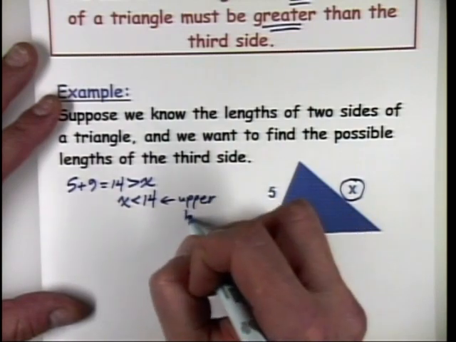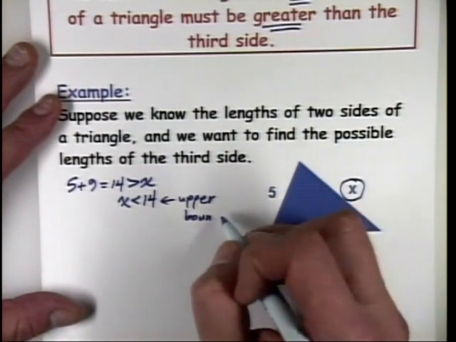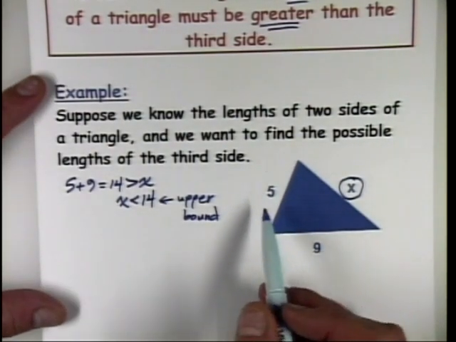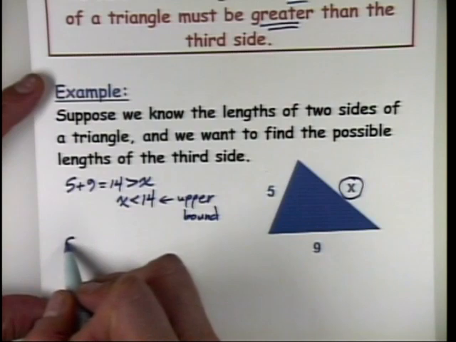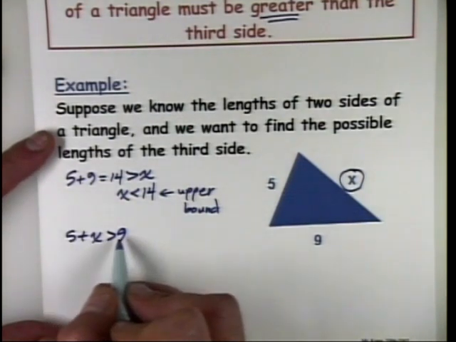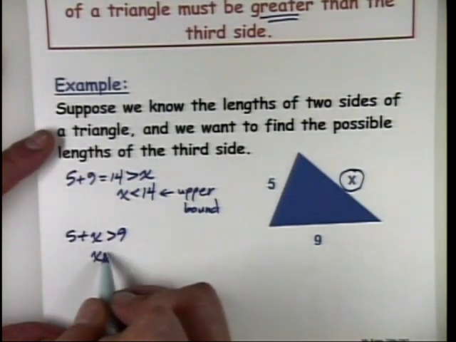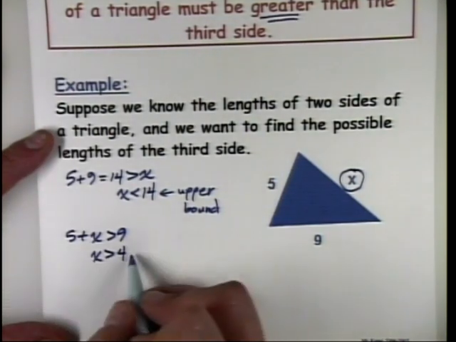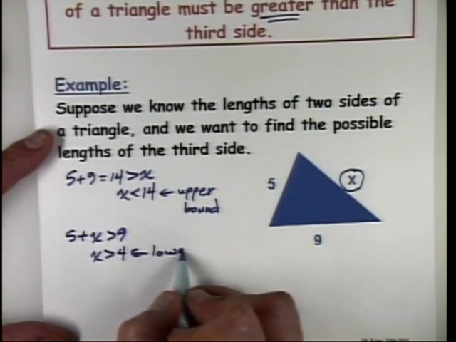Now the question is, we know we can't go larger than 14, but how much smaller than 14 can we go? Let's look at a combination of some other sides. Let's look at this one here, 5 plus x. The sum of those two sides has to be strictly greater than 9. Now I have a little inequality that I can solve. If I subtract 5 from both sides, I get x is greater than 9 minus 5, which is 4. This gives us now a lower bound.